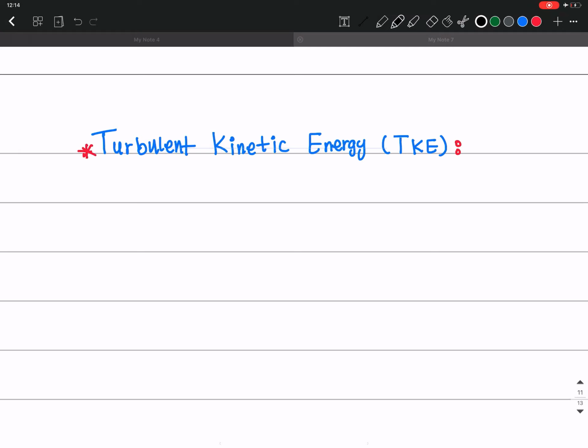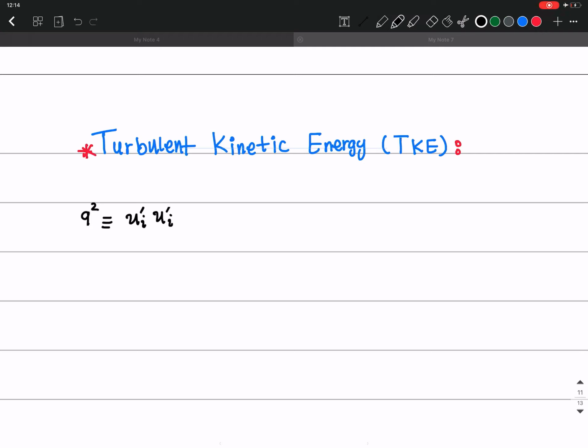The first thing that I define is q squared. We define this as u prime i u prime i, so the multiplication of the fluctuation velocities by themselves.